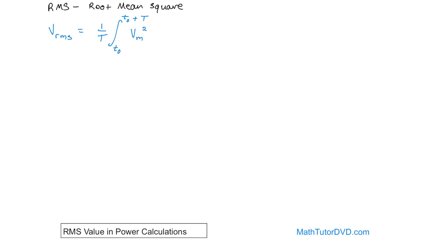Vm squared cosine squared, and inside of this we'll have omega t plus theta sub v, and we're doing integration over dt. That's the integral. And then we have an enormous square root that goes over the whole entire thing. Make sure you understand that the square root encompasses the whole thing. Let me double check and make sure I've written everything down correctly.